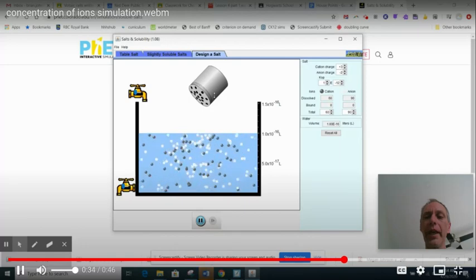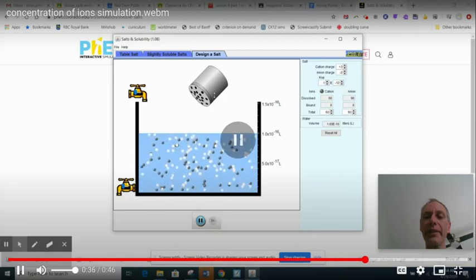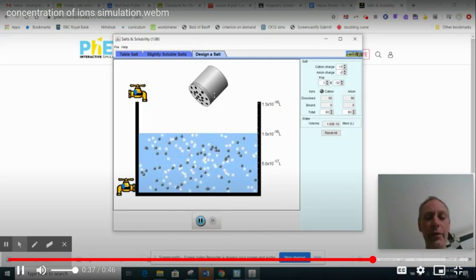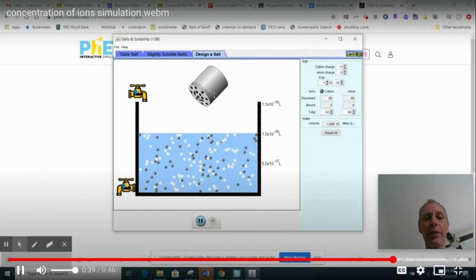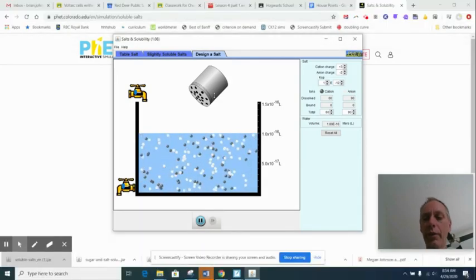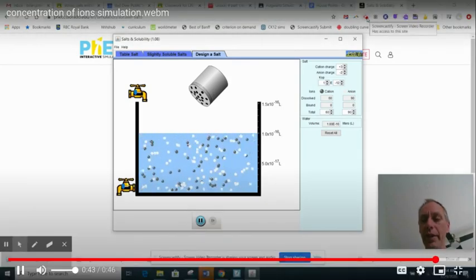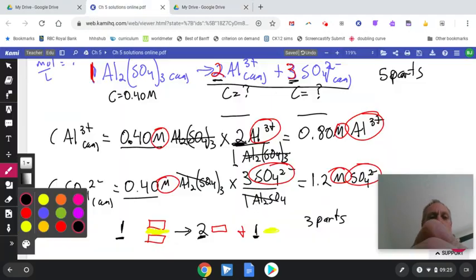So our cation, our Al3+ is 60, and our SO4 2- is 90. So 60 to 90 is a 2 to 3 ratio, 2 aluminum for every 3 sulfate. So even when you take a big chunk of crystal and put it in water, you are still getting that same ratio.